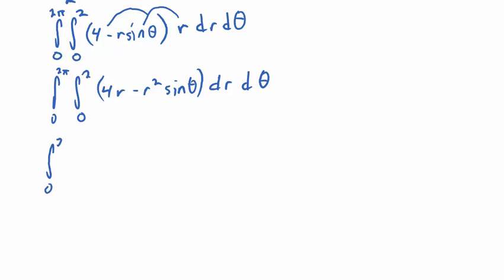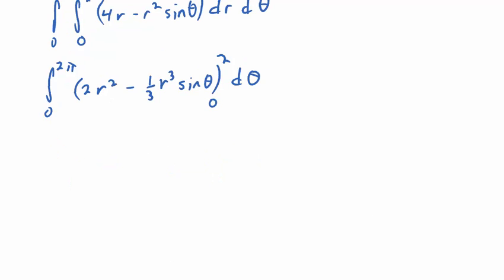So the outer integral symbol stays where it's at. We get 4r squared over 2, or just 2r squared for the first term, minus 1/3 r cubed sine theta. And that's going to be evaluated from 0 to 2, right?